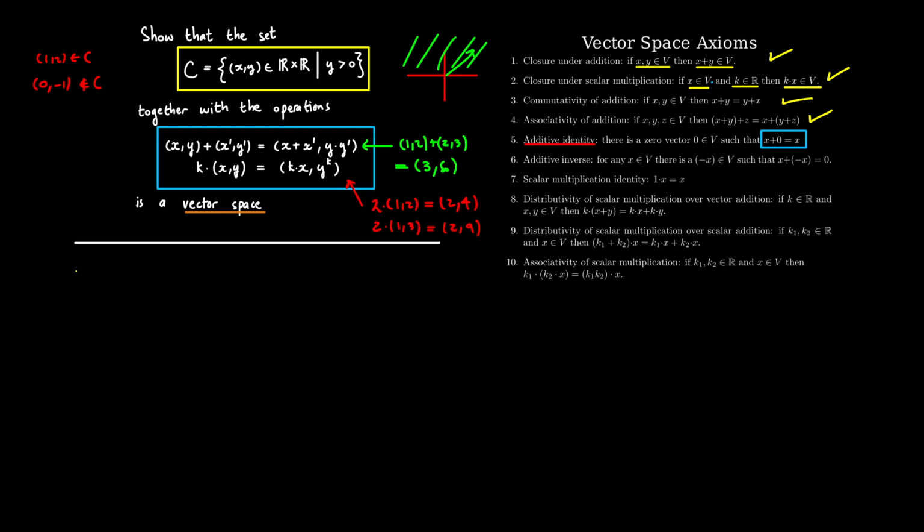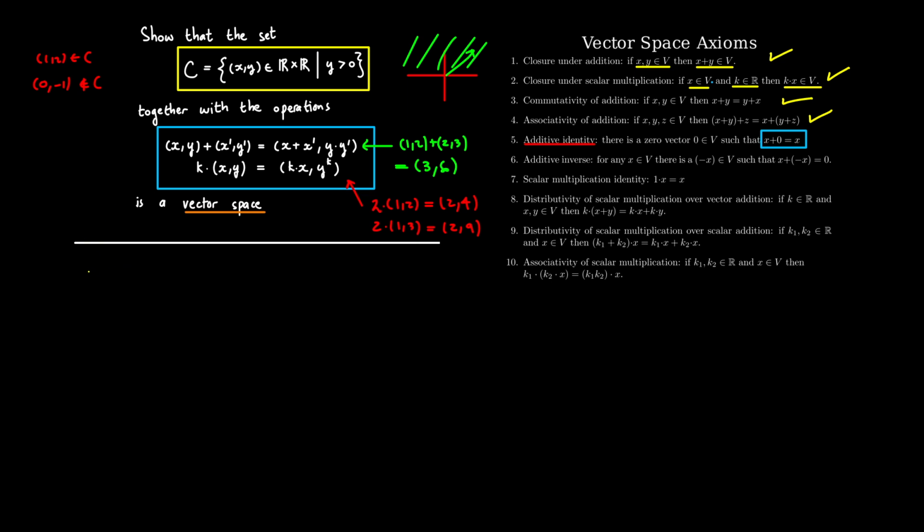Because, well, it is to some people, it is not to others. But just to see why this is not going to be simply (0, 0), well, the first reason is that (0, 0) is not even an element of C. And the reason for that is because, of course, 0 is not strictly bigger than 0. So it means it's definitely going to be something else. Now, what that something else is, is the question.